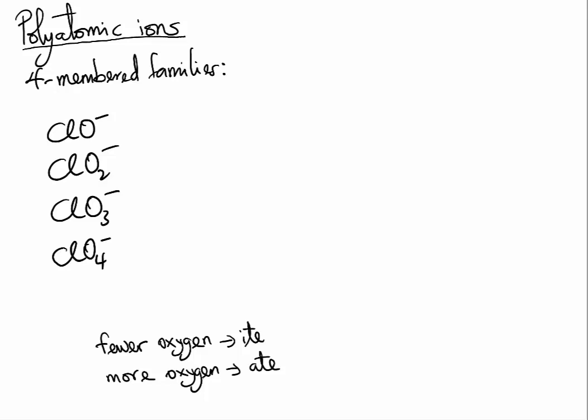Well, in this 4-membered family, the ClO with a charge of -1 on it has too little oxygen, which is analogous to having too low blood pressure. So we're going to prefix its name with hypo, and then we will still end the name with ITE. So we will call it hypochlorite. The hypo and the ITE are the 2 distinguishing features.